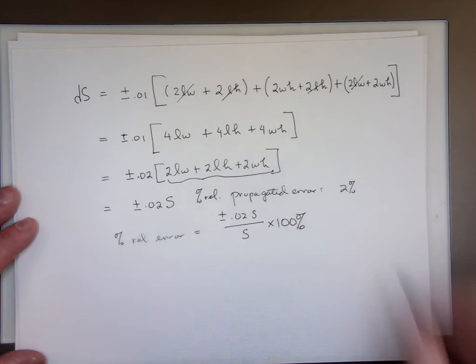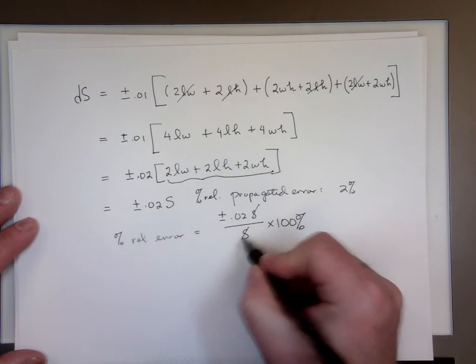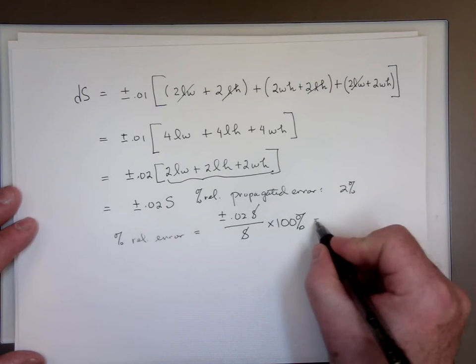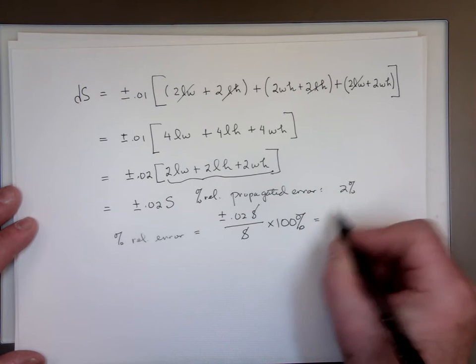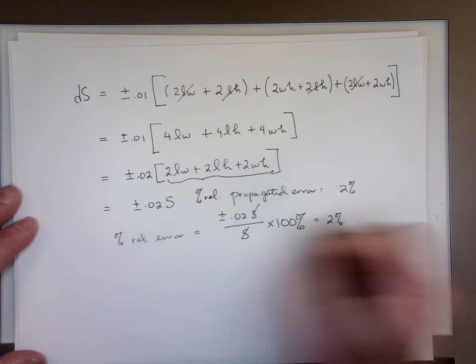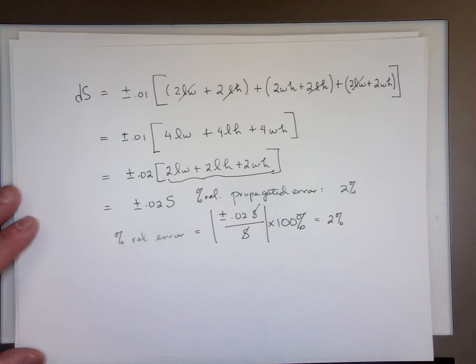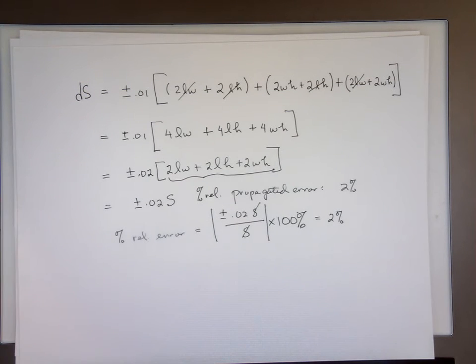The S's cancel. You get a plus or minus 2%, but the plus or minus is built into this. So I'll tell you what, let's take an absolute value. Because you never say, the percent relative error is 2%. Implied in that is a plus or minus 2%.